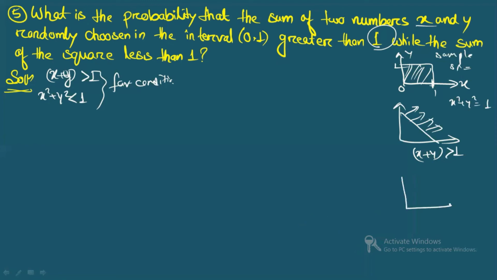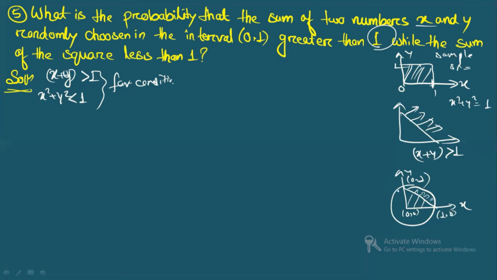So for this you will write this is x and this is y. So this is the circle. This is 0, 0 and this is 1, 0. This is 0, 1. Right. So here this line is for x plus y, and this will be the region for x plus y greater than 1.